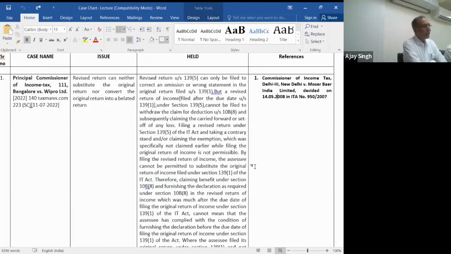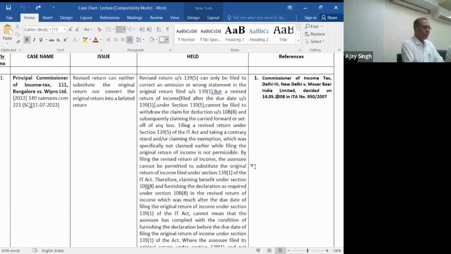Only after the due date had expired under 139(1) did the assessee think of going back on his claim of 10B, and he filed a revised return under 139(5).